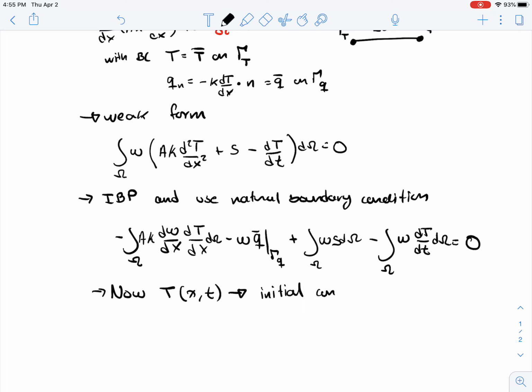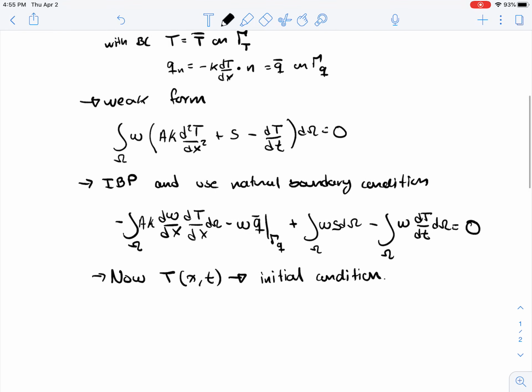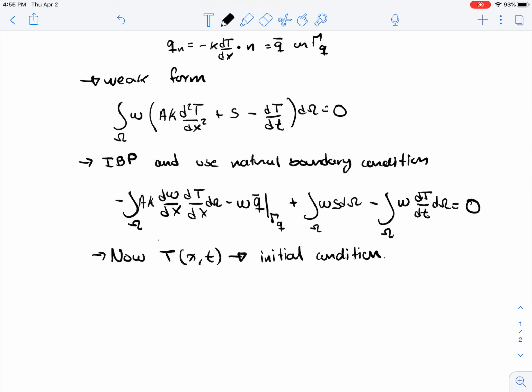So I need an initial condition in addition to the boundary conditions. And then I'm gonna use that initial condition and this weak form to obtain the temperature at subsequent time steps.